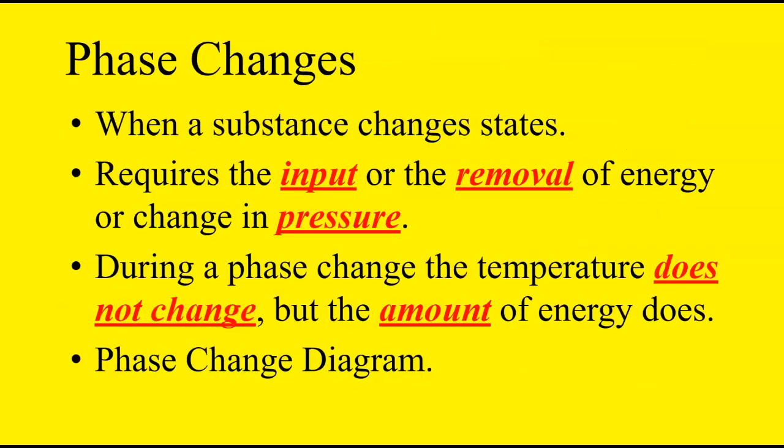Okay, so this is all information that you can get from your notes. When we have a phase change, something happens to the temperature. So remember, temperature is the speed of the particles. When you have a phase change, that temperature doesn't change because now the energy that is going into the phase change is actually going into breaking the bonds.